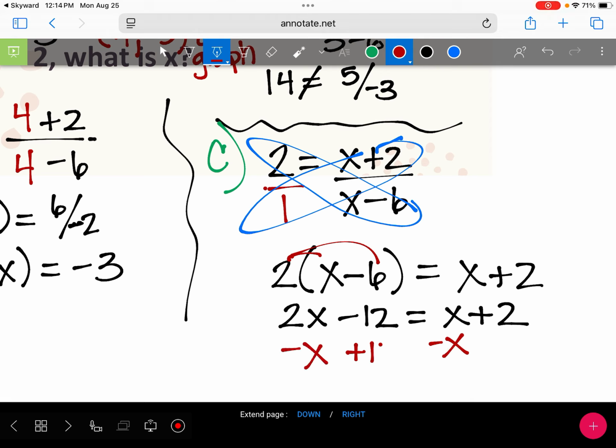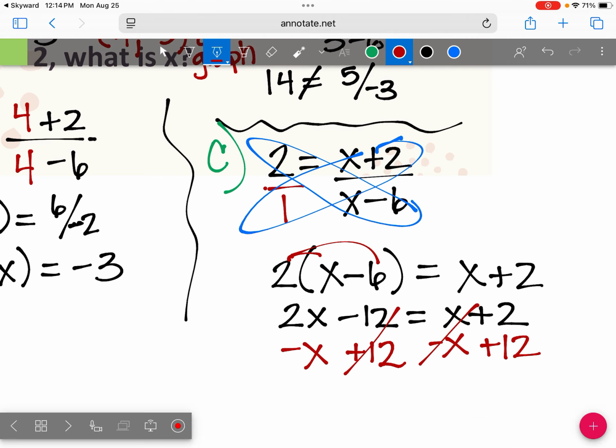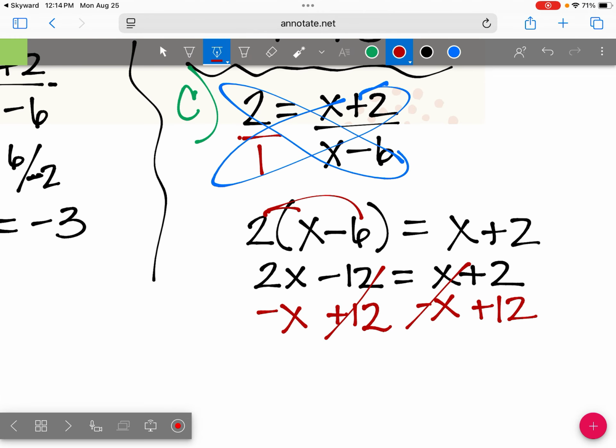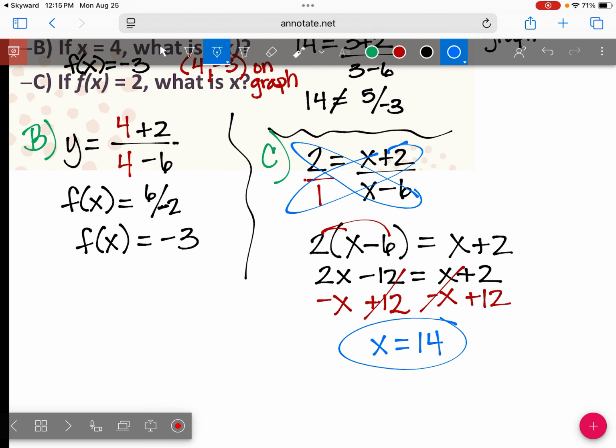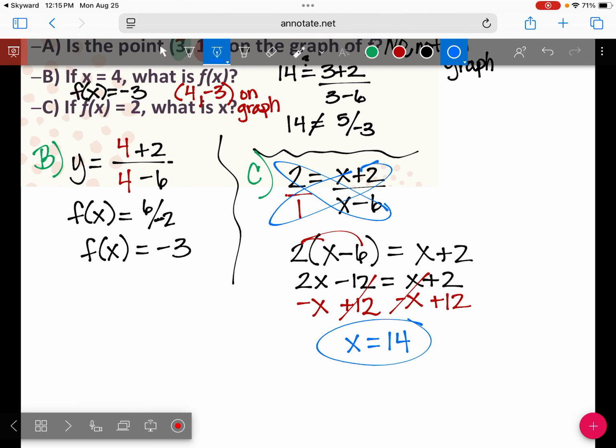You all don't need my help for this. All right, who got 14? All right, good. A few more questions and we'll be done for today. Still same function though. So now let's look at D, E, and F.